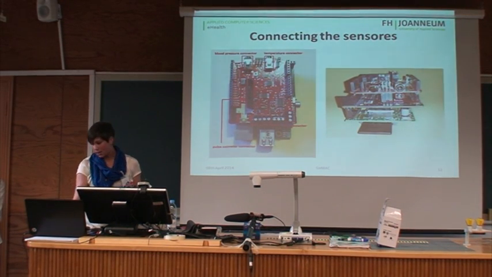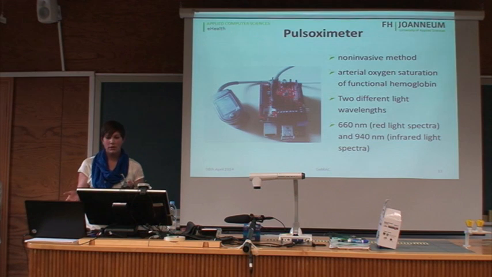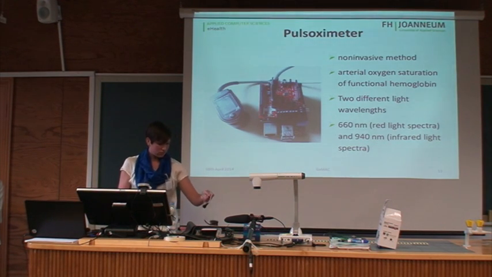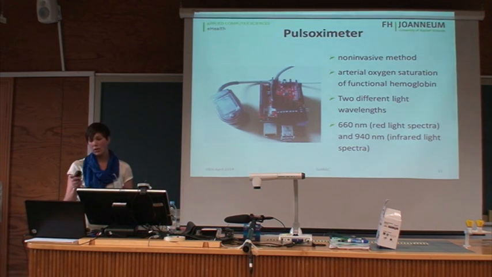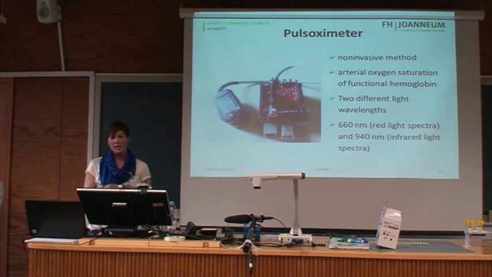So then I will describe the sensors shortly. I think everybody knows how they work in general, but I will just give you a short overview. So we have the pulse oximeter. I also have an example on the picture. It's just a little chip, and you put it on your finger, and then it will give you some light.